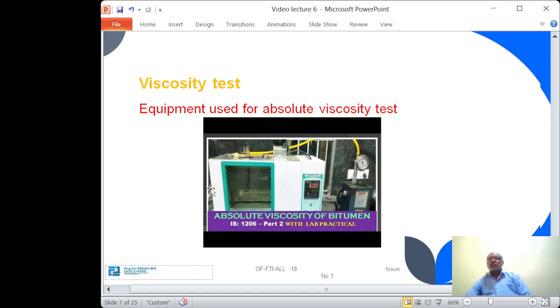This is the equipment used to determine the absolute viscosity, and this is the vacuum system. We use this equipment for determining the absolute viscosity of bitumen.